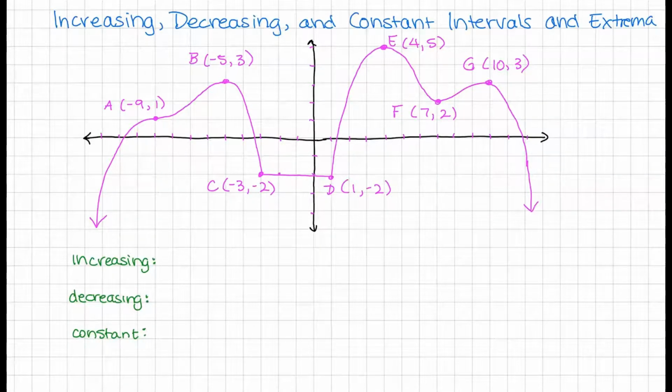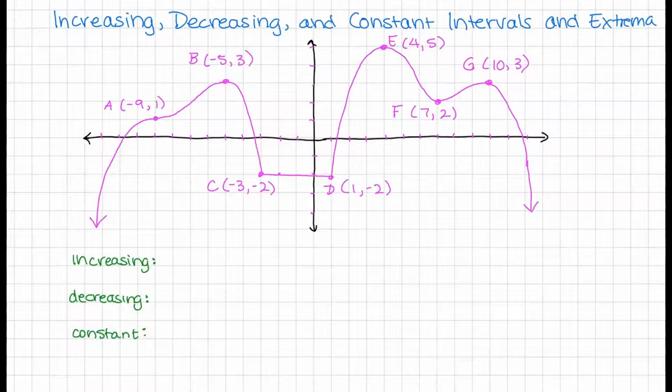So the way you write your answer, if you want to say where the graph is increasing, decreasing, or constant, it's all about the domain values, all about the x values. So the graph is increasing from -infinity to -5 on the x-axis. Remember, it's all about the x-axis.